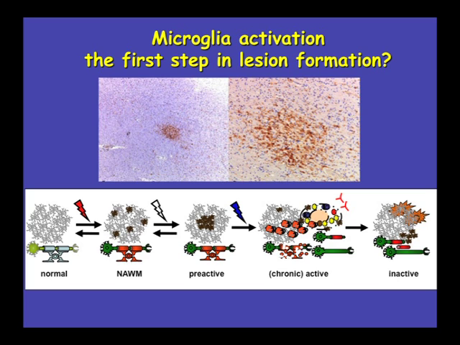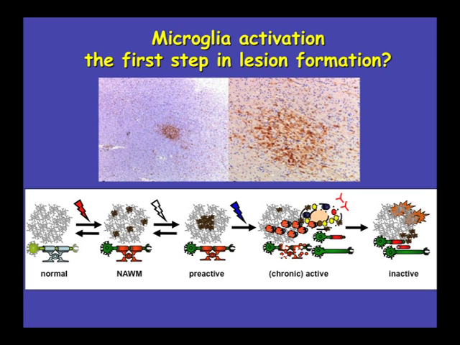Now, because we see so many of these, it means that not all these preactive lesions go on to form an active lesion, which is a really good target for therapy, because actually the lesions tend to resolve themselves. So that's one of the things we're trying to look at, is why some of these lesions actually do get better on their own.